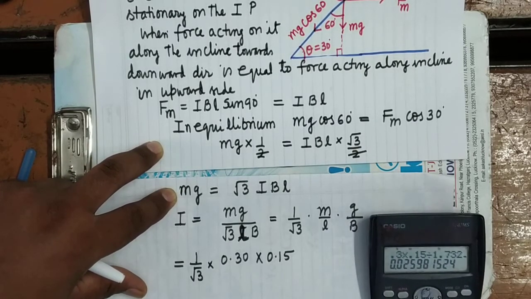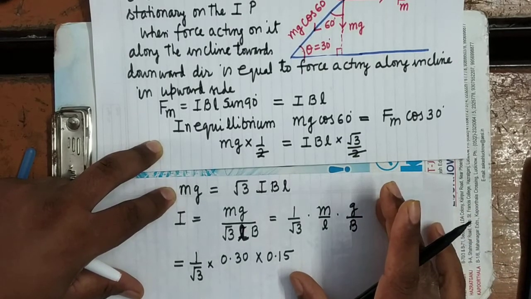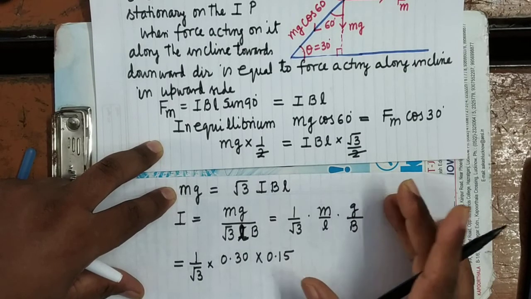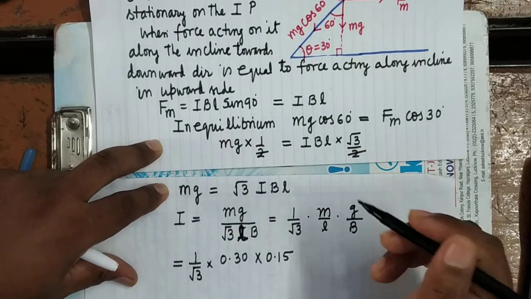Here there is some mistake in putting the values. You can see here, mg, yes, the value of G I have not put.